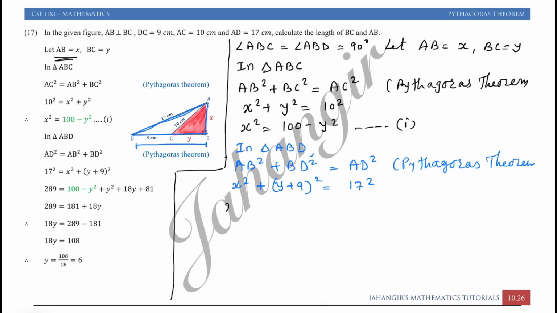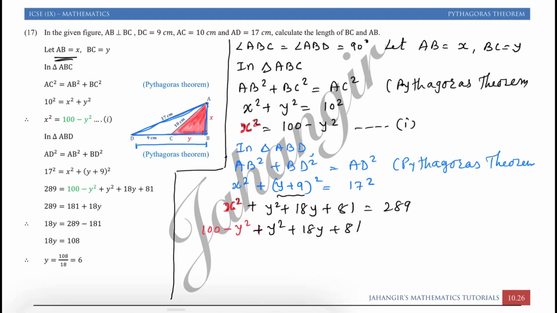So when you open, you will get x square plus, by the identity, y plus 9 whole square is y square plus 18y plus 81, that is equal to 289. But we know the value of x square is 100 minus y square. So I will replace this x square with 100 minus y square, plus the remaining terms remain the same, y square plus 18y plus 81.